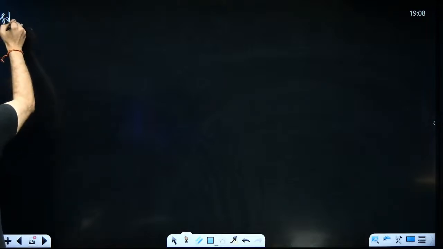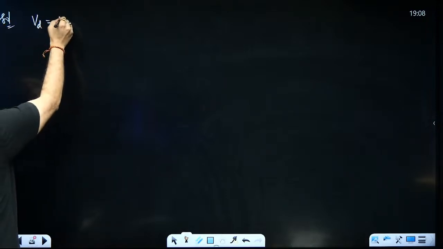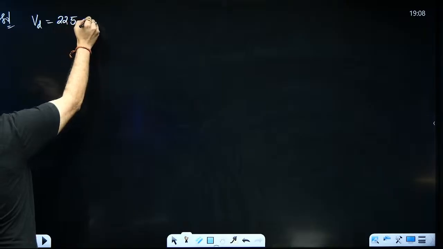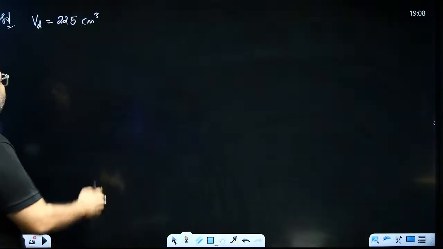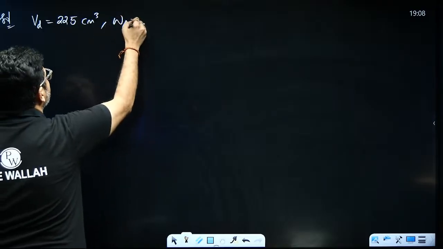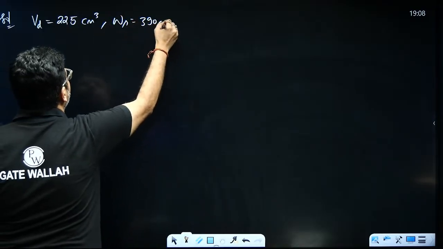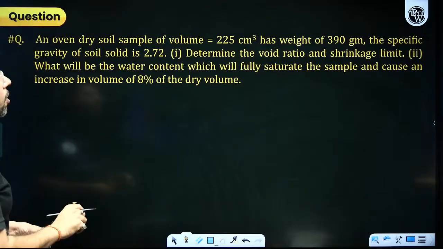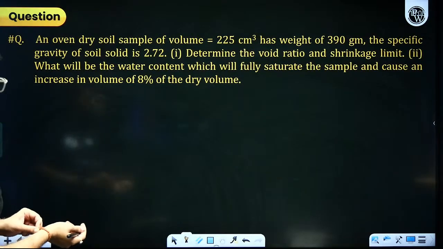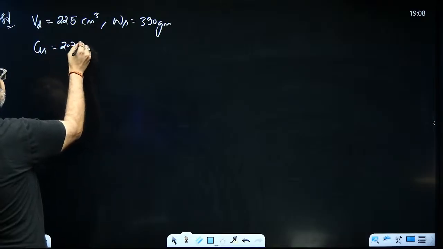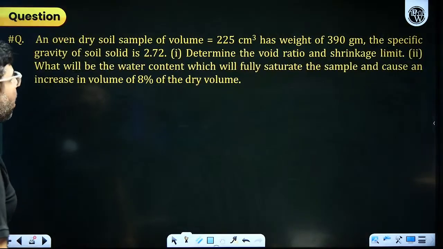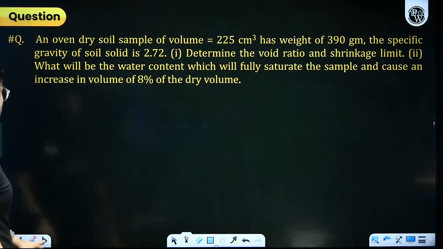VD is 225 cc, and the weight of solids is 390 gram. The specific gravity of solids, Gs, is 2.72. We have to find out the void ratio and shrinkage limit of the soil.